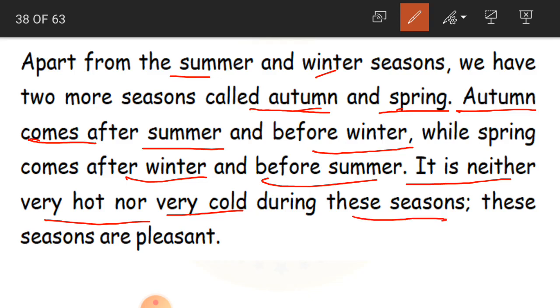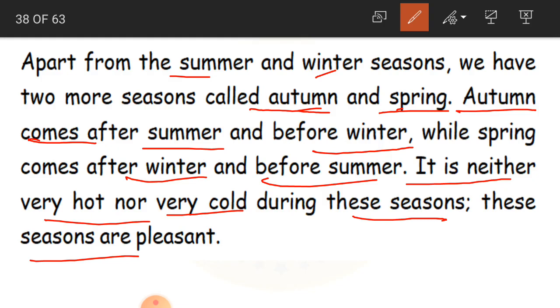So it feels very pleasant to feel the weather and the climate. We feel very happy because there is no extreme cold and extreme hot here.